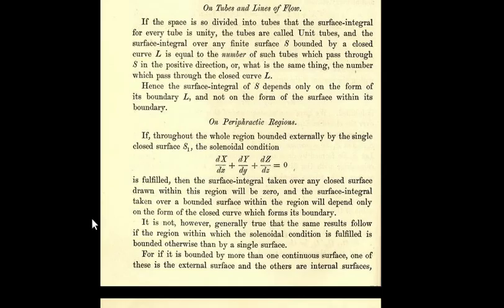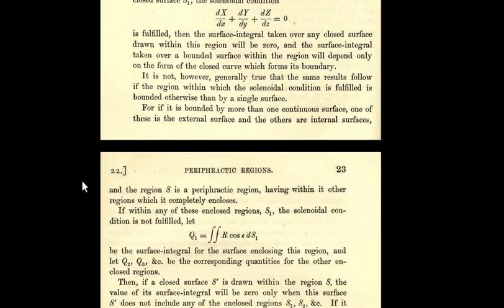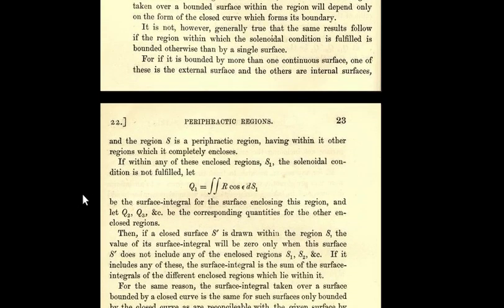It is not, however, generally true that the same results follow if the region within which the solenoidal condition is fulfilled is bounded otherwise than by a single surface. For if it is bounded by more than one continuous surface, one of these is the external surface and the others are internal surfaces.